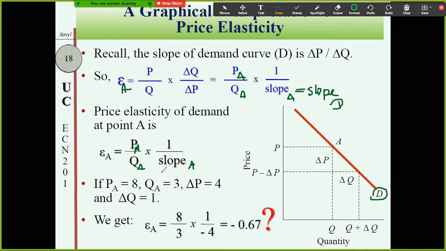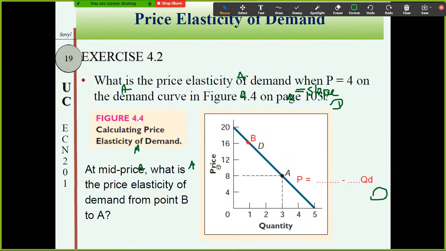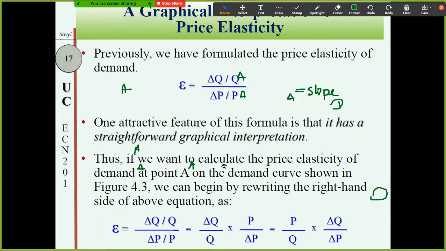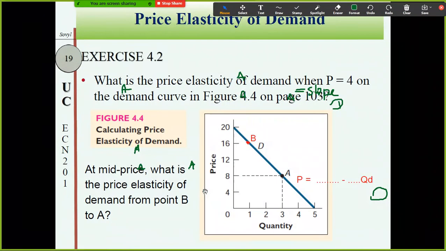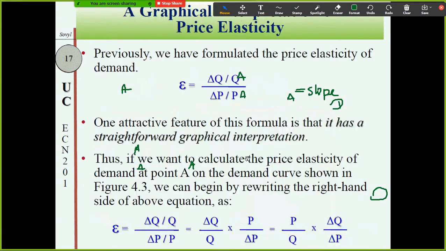So, go back to figure 4.3. It should be here, figure 4.3. Is it that one? Oh, this is figure 4.4. You can go to see figure 4.3.